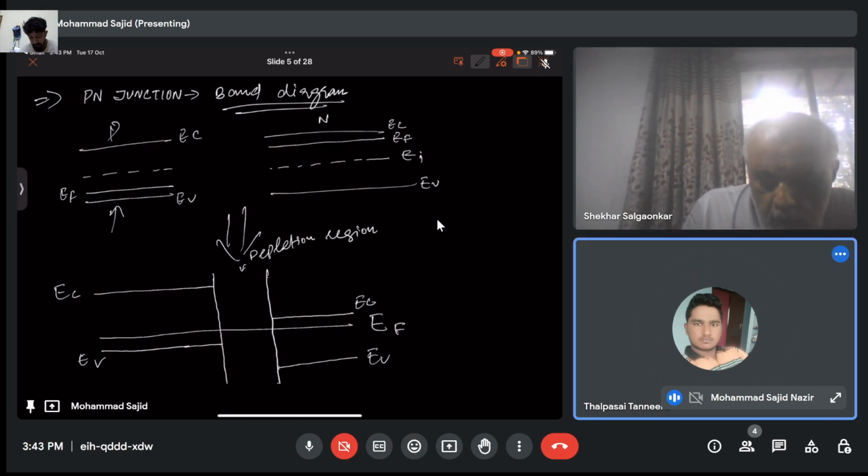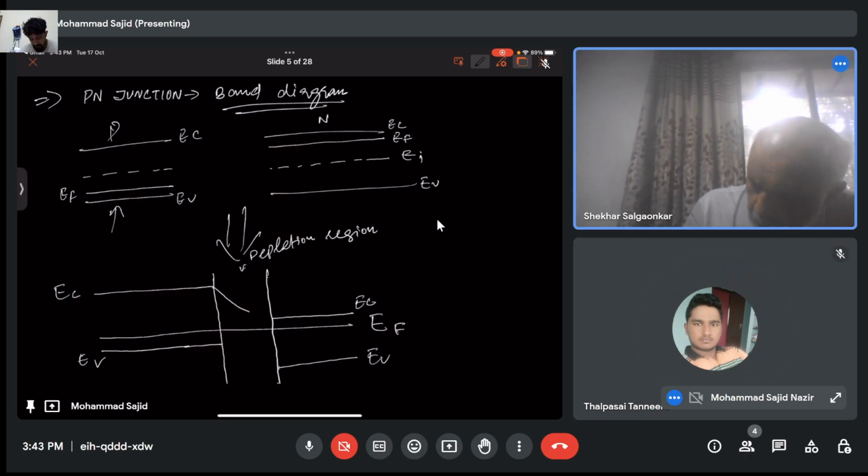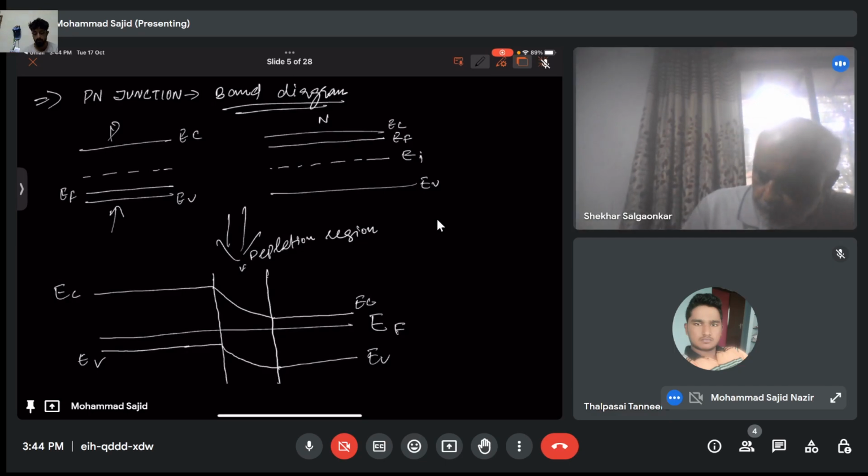Now you just have to connect these. This is how your PN junction band diagram looks.